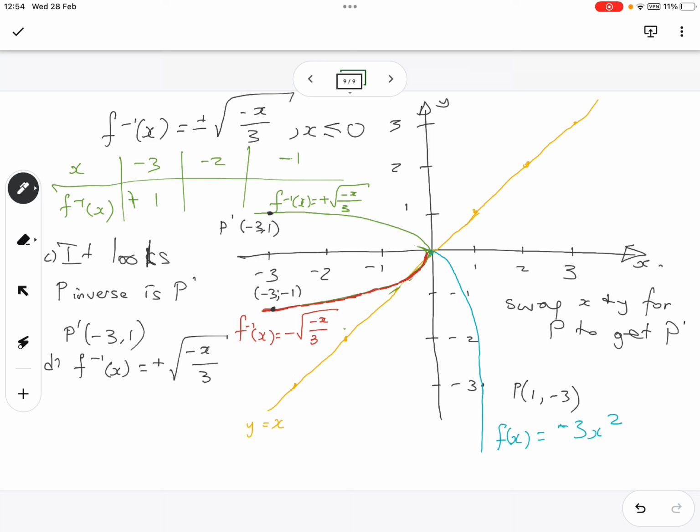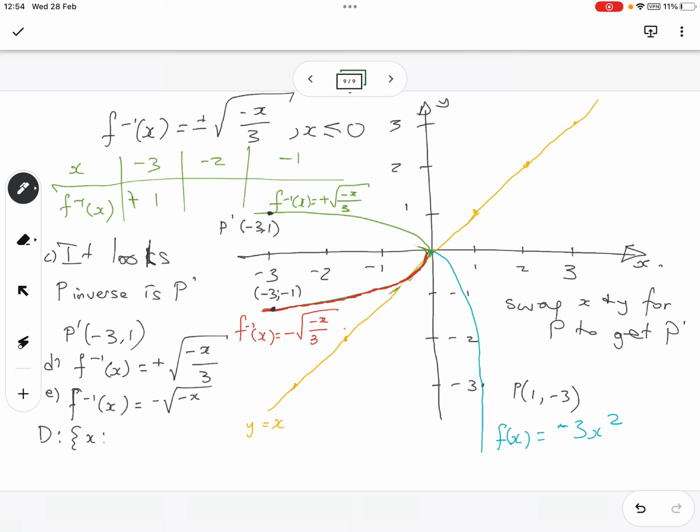So let's do number E and work out domain and range. So for f inverse of x, the domain is what? F inverse, for which one? Positive or negative?